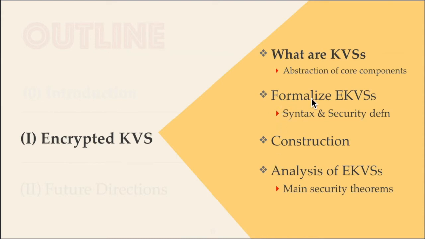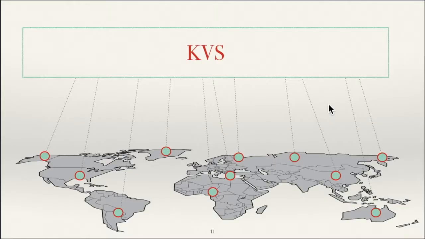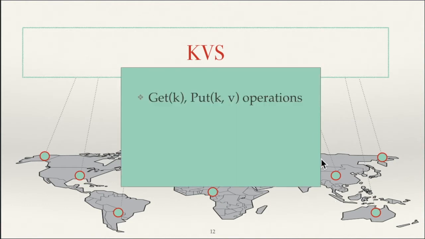So let me start by explaining what key value stores are in detail. Key value stores are essentially distributed and decentralized systems that are used to store and retrieve data to and from servers that can be spread all across the world. So these are servers, and we'll be storing data in these servers. To support data storage and retrieval, key value stores support two operations, get and put.